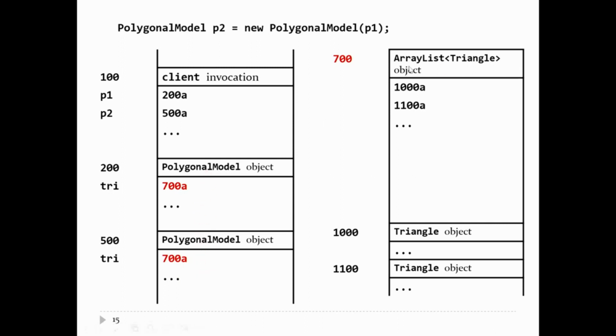When you look inside this list object, you see that there are two triangles in it. So you have two polygonal model objects, but only one list that's shared between them, and only two triangles that are shared between the two models. So neither model owns either the list or the triangles in the list.